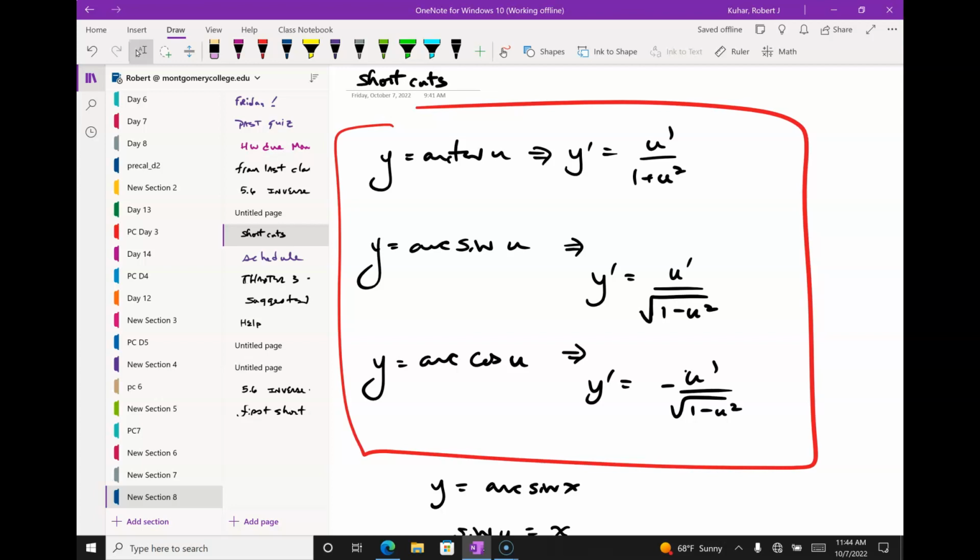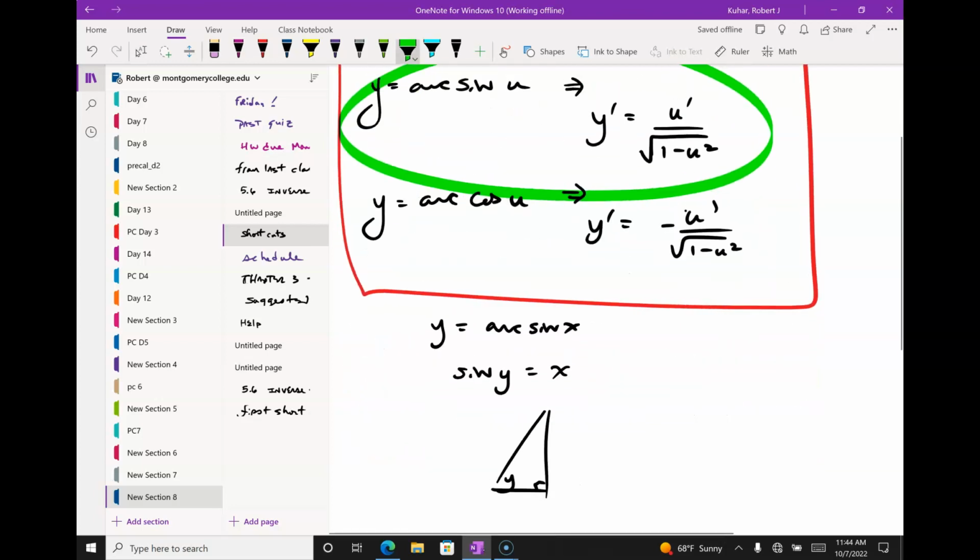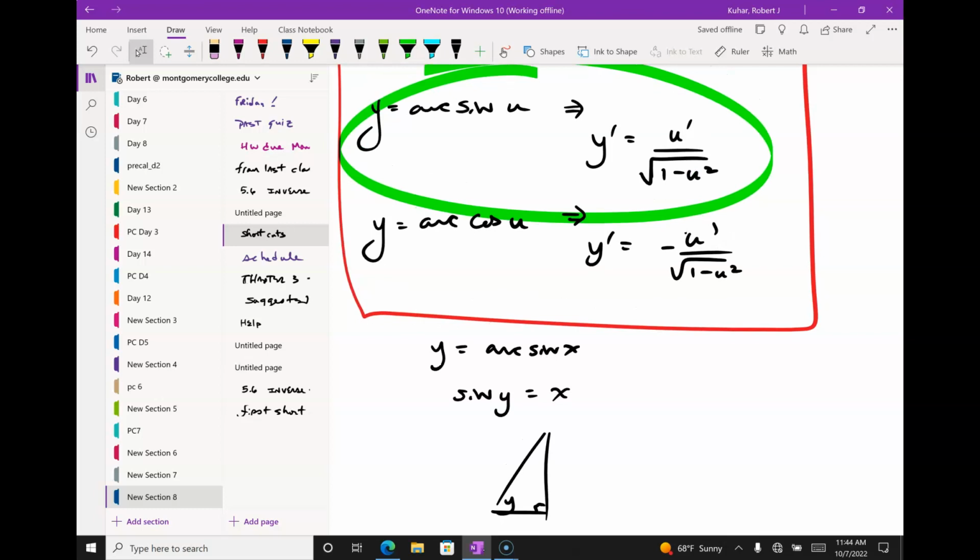So I want you to derive the arcsine formula, this one. So what are you going to start with? y equals arcsine of x. We want y prime, right? But we don't think in terms of inverse trig, do we? No, we don't. We think in terms of trig, so I turned it into a trig. Once I have a trig, then I have a triangle. So I use my triangle, I get the sides.